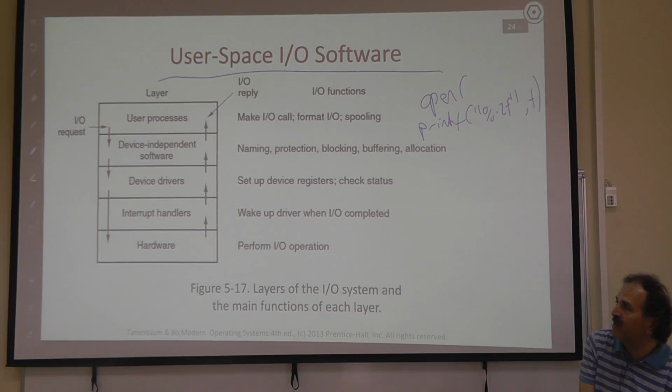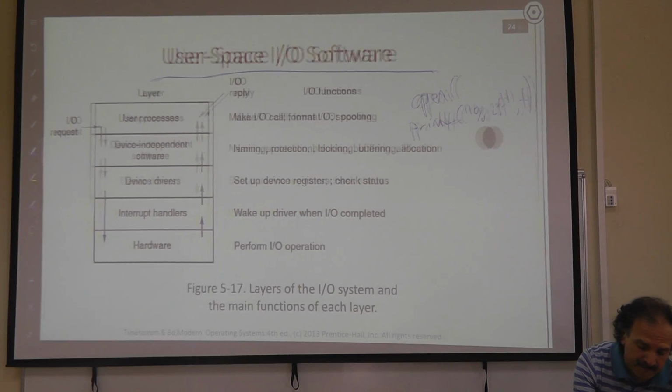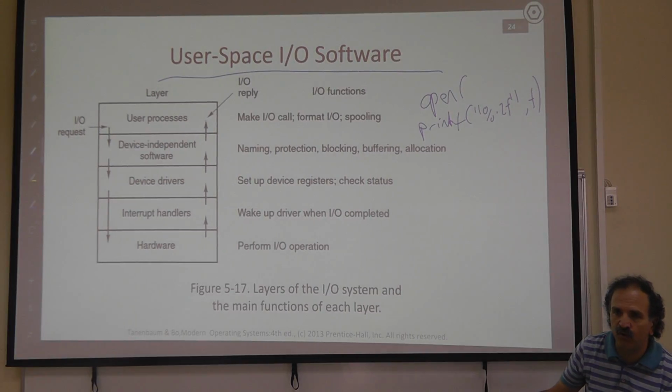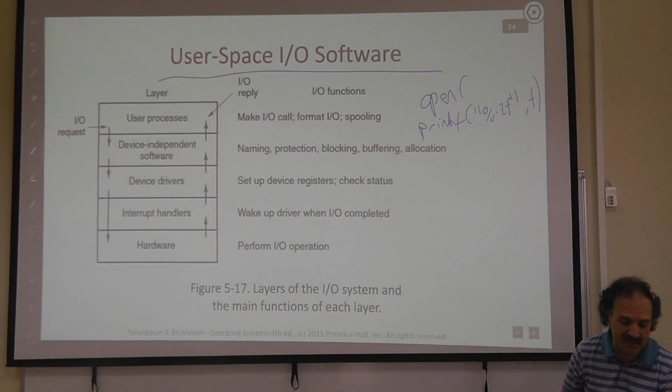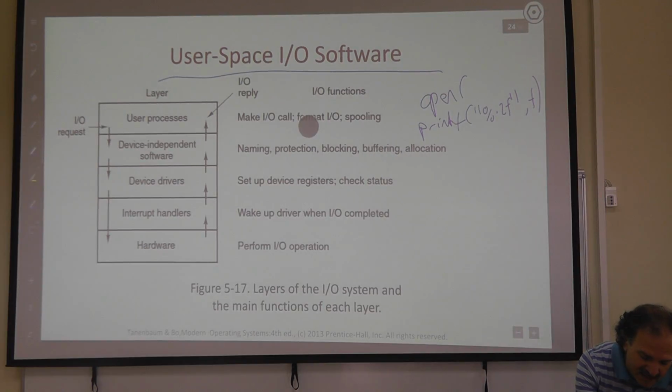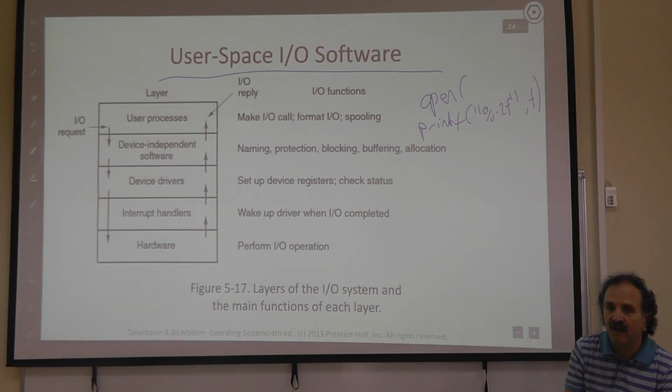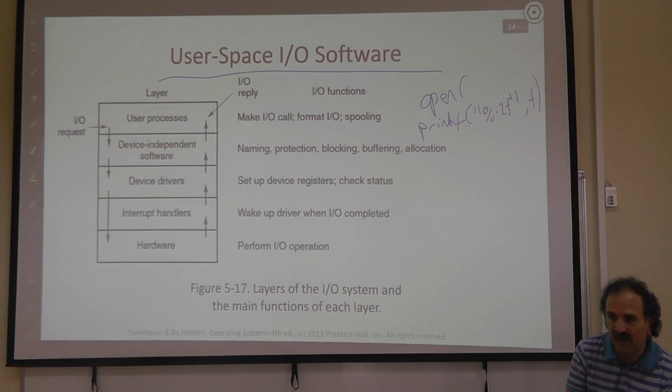It doesn't care about the formats of your string. So printf has to do lots of formatting work before sending the string to the operating system. So the I/O formatting is done at the user level. As a C programmer, I am not doing it, but my C library does it.